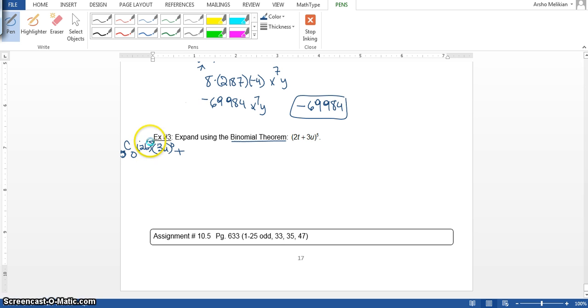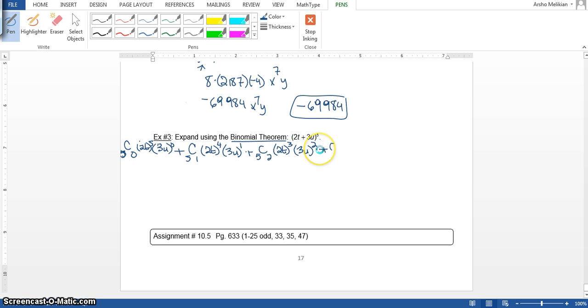The next one is going to be c, 5, 1, 2t to the power of 4, 3u to the power of 1, plus c, 5, 2, 2t to the power of 3, 3u to the power of 2. So each time, this is n, this is r. This exponent is n minus r. This one is just r. So you can do it almost without even thinking too much.